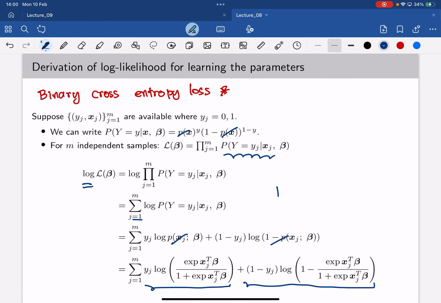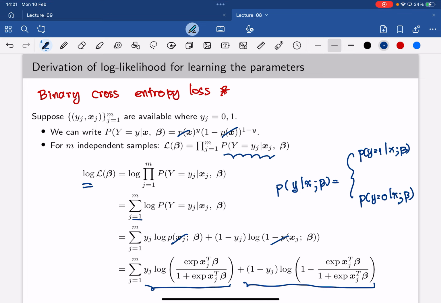Okay, put it this way. If I say that I have probability of Y given X, including beta, and let's say we have only 2 classes possible, then we have probability of Y equal to 1 given X beta, and probability of Y equal to 0 given X beta.